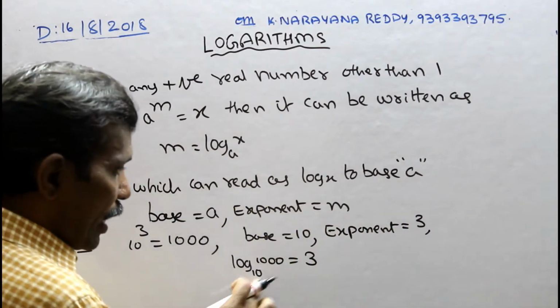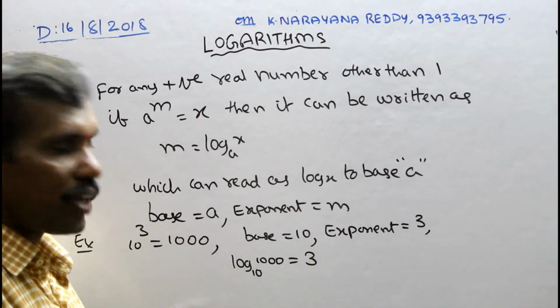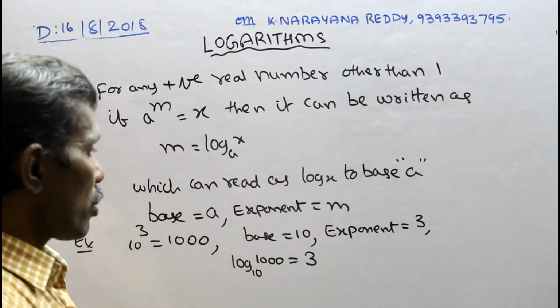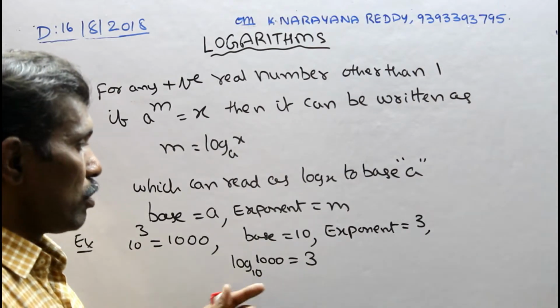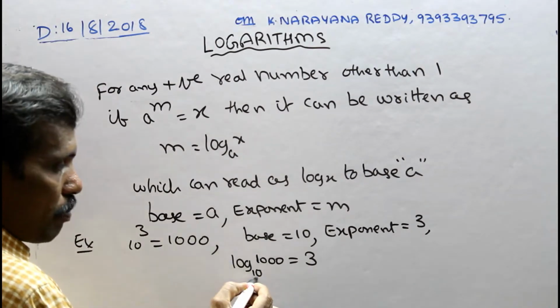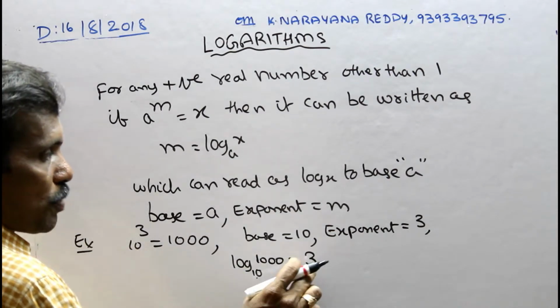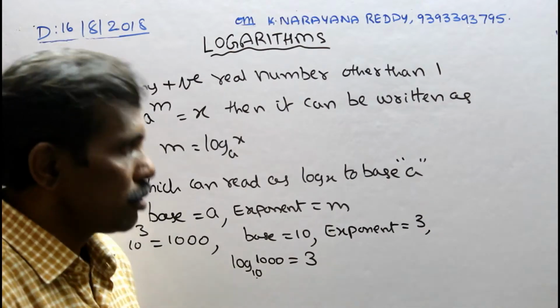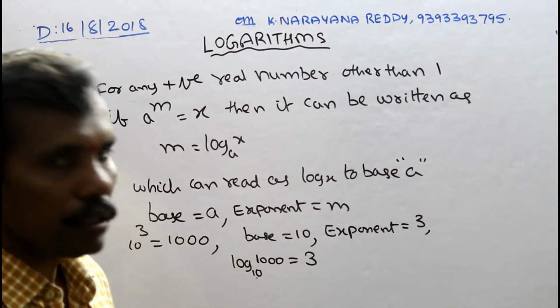That means 10 cube equals 1000. In this way we have to write it: base, exponent, value. This is an important point. You can take some more examples regarding this.